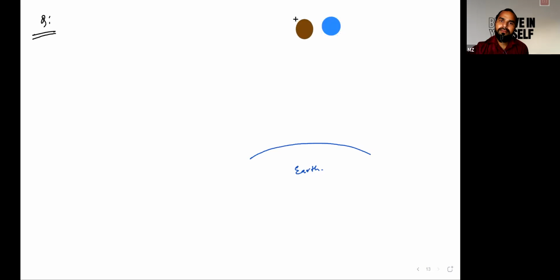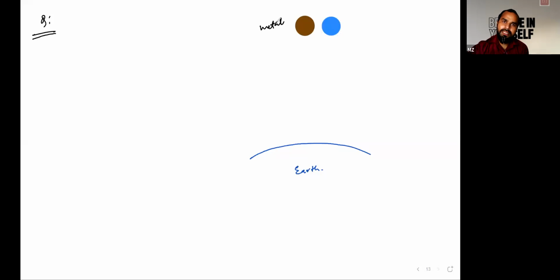I'm giving you one question regarding this. Suppose this is the surface of the Earth and you have a glass ball and a metallic ball, which are allowed to fall from this height to the Earth.